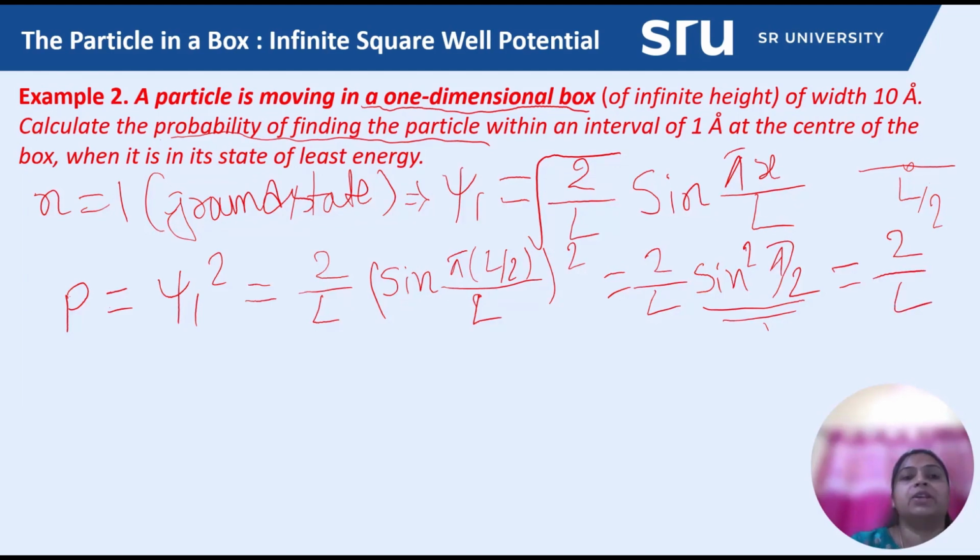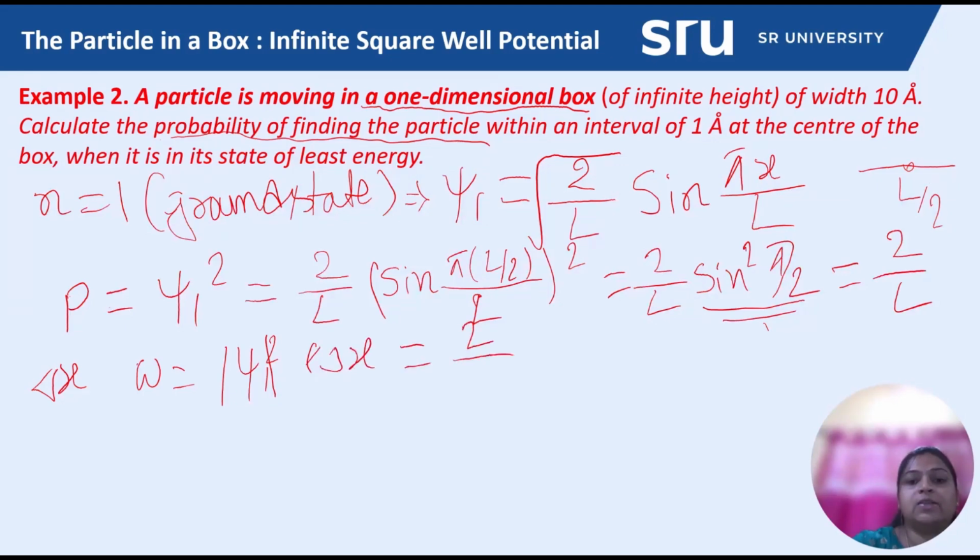So we can get 2 by L. So the probability of finding the particle within an interval of delta x at the center of the box is nothing but psi 1 square into delta x. So psi 1 square value is 2 by L, so 2 by L into delta x.